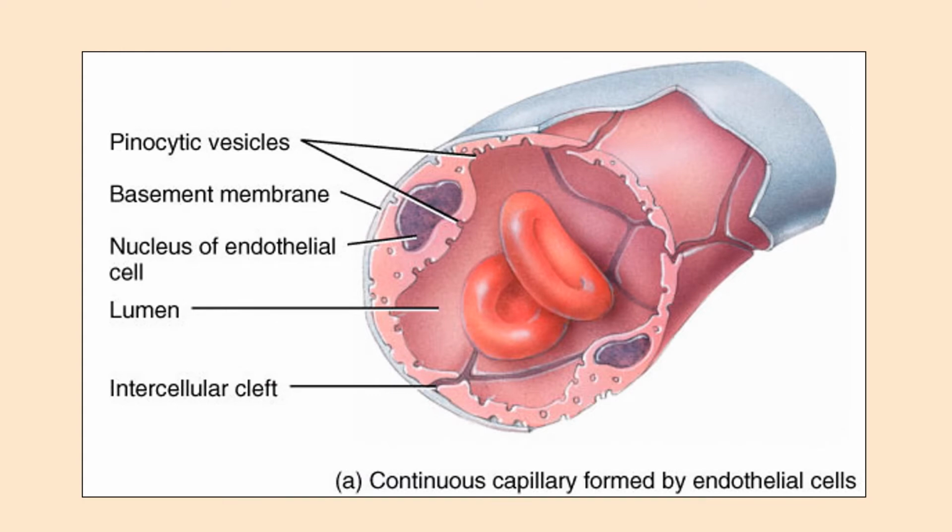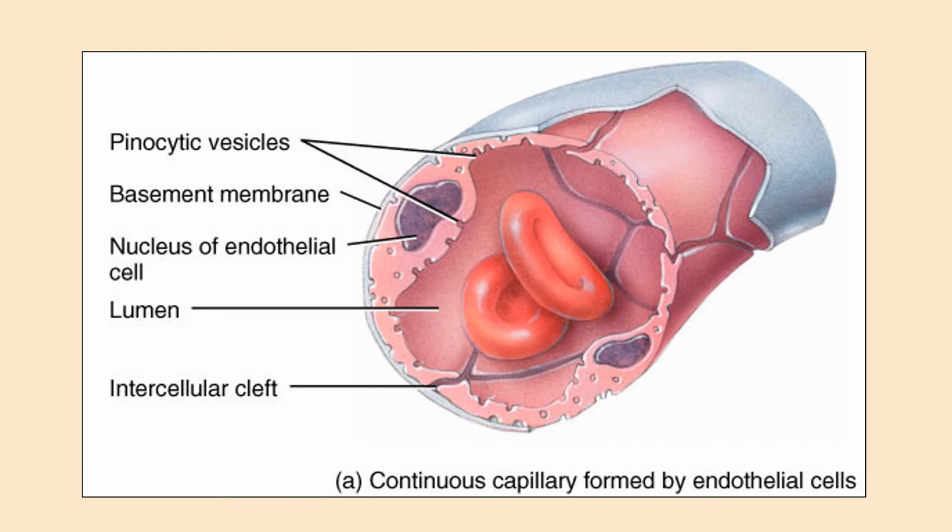In order to understand capillary exchange, we need to start with an understanding of the structure of a capillary wall. There are several different types of capillaries in the body. What they all have in common is their walls are leaky. Capillaries are the site of exchange, so there are literally holes in the walls of capillaries.